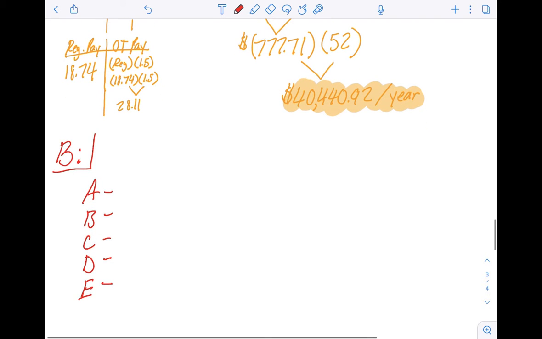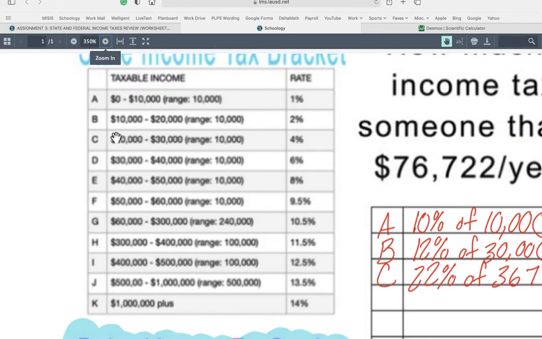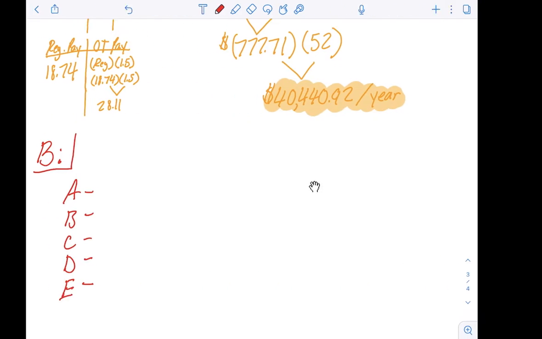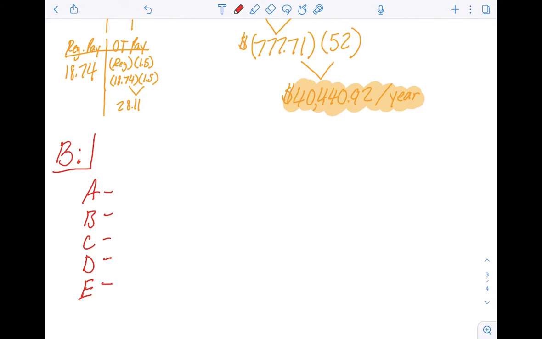And I'm going to remember what percentages I pay on those. Let's see. A through E: 1, 2, 4, 6, 8. So 1% of, 2% of, 4% of, 6% of and 8% of.